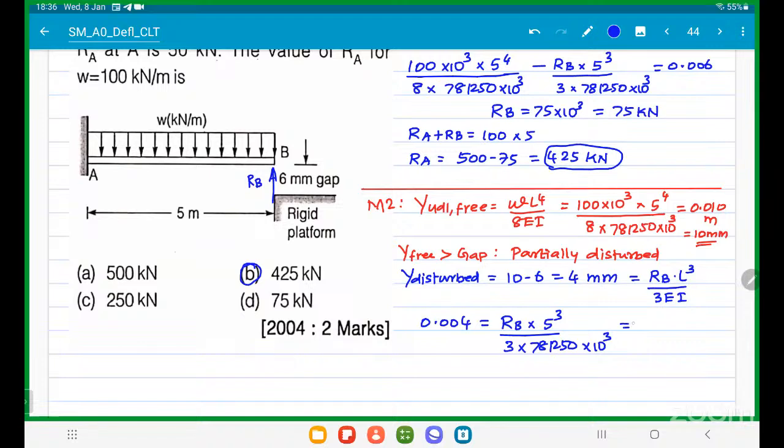This gives RB equal to 75 into 10 power 3 Newton, that is RB equal to 75 kilonewton. Is it correct? Yes, sir. Then automatically RA equal to 500 minus 75 equal to 425 kilonewton.